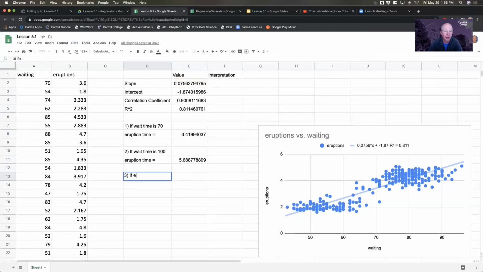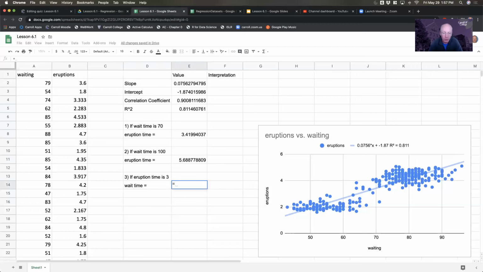Okay, what if my eruption time is 3? This is my predicted wait time. Now I've got to work this in reverse, so let's think very carefully about it. The eruption time is 3, and here's the equation. I'm going to have to take my intercept and subtract it over, and then divide by my slope.